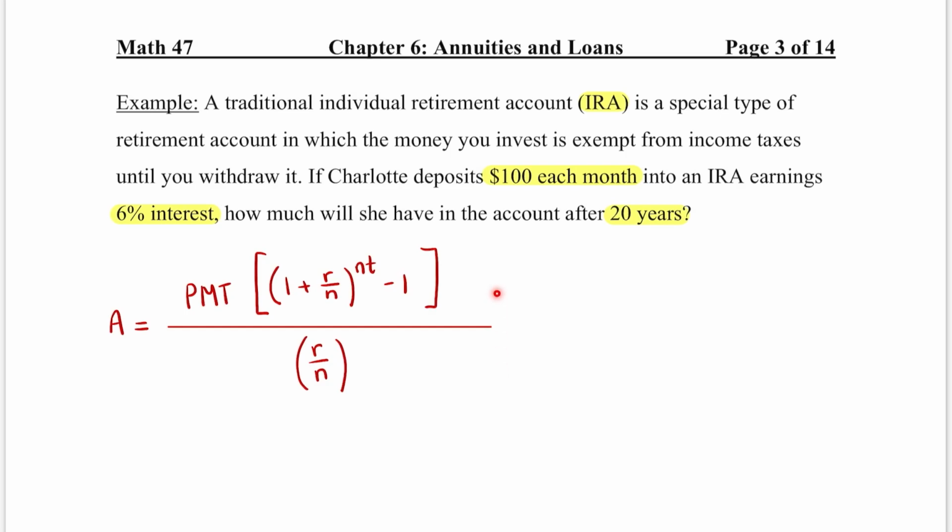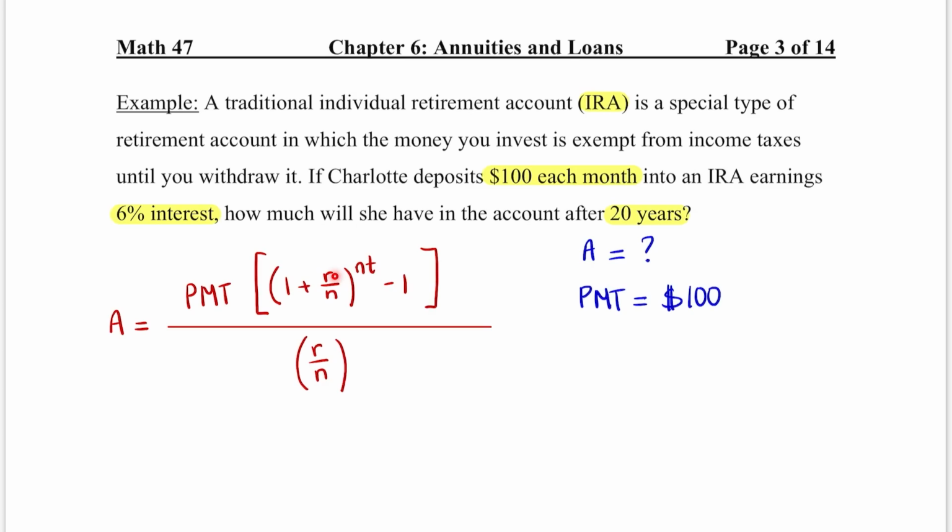This is my annuity formula. A is the amount of money that I have in total after 20 years. So A is what I am looking for. PMT is the amount of money that I deposit each month, which is $100 here.